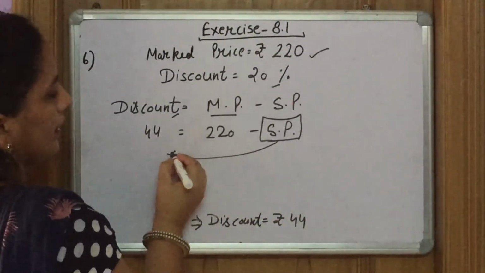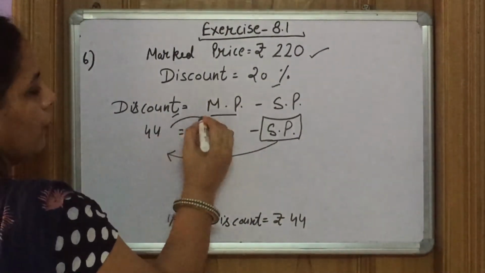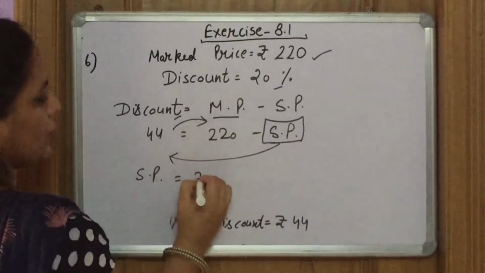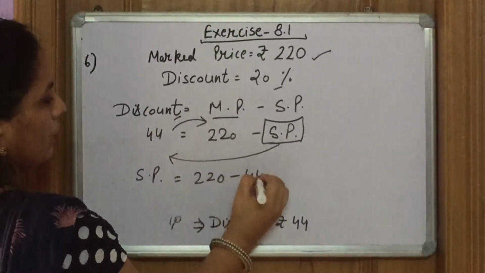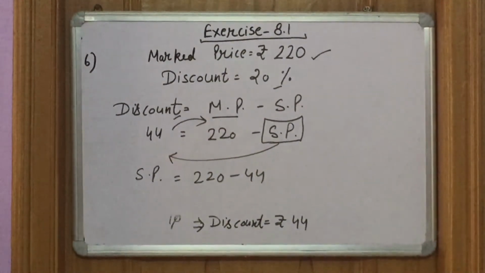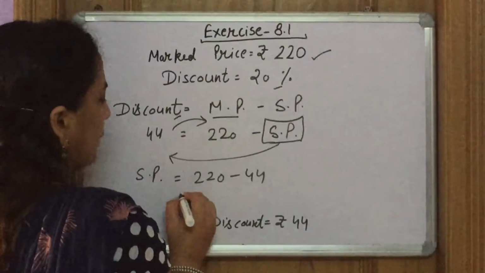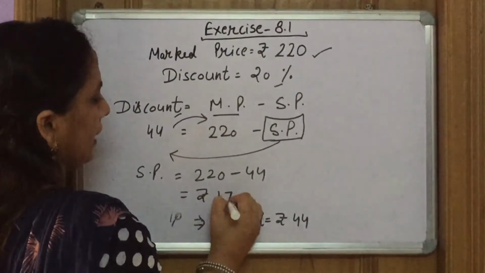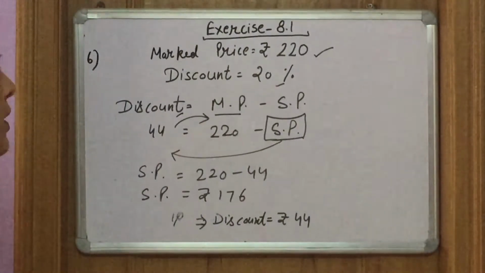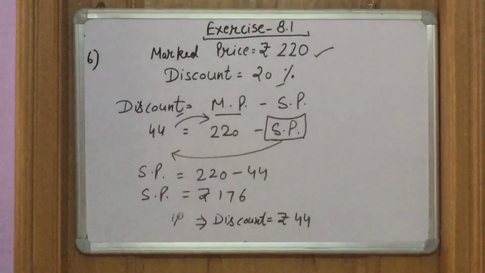Transpose this term to the right hand side and 44 to the left hand side. Its sign will be changed. So we can write here it as 220 minus 44. When we subtract these terms, then we get it equal to 176. So this is our question number 6.